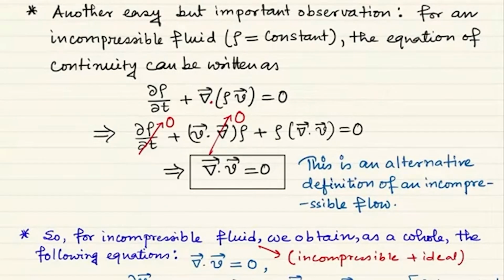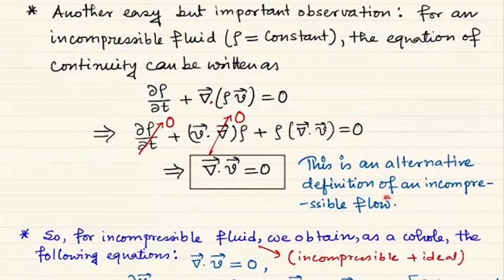From that you can say del rho del T is 0 because rho is a constant, v dot nabla rho is also 0 because rho is a constant, so rho times divergence of v is 0, rho is non-zero, so finally divergence of v is 0.